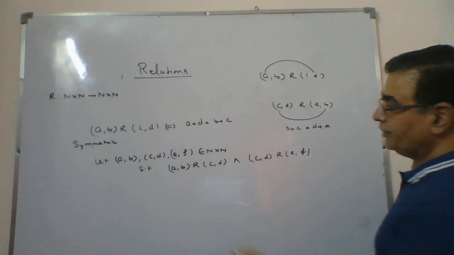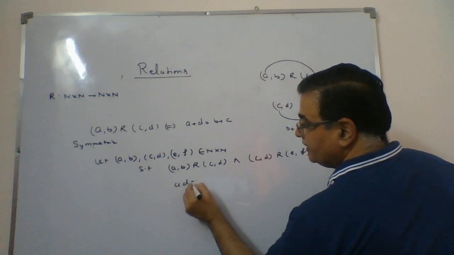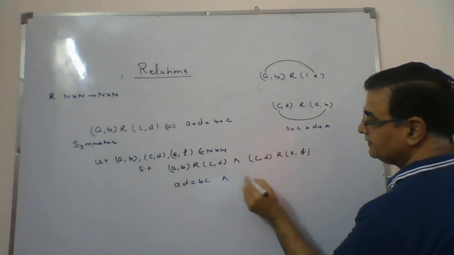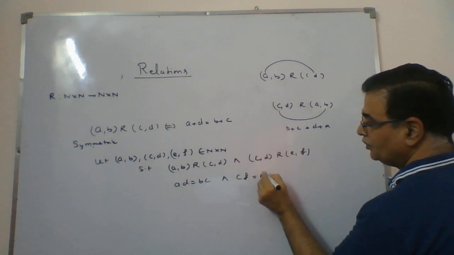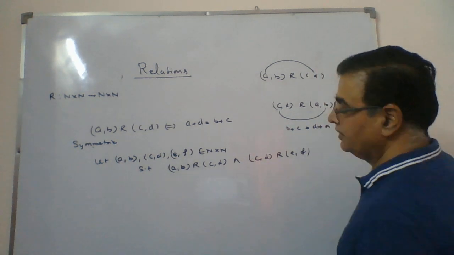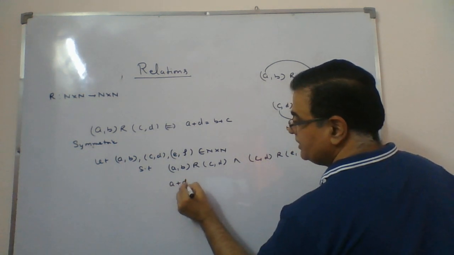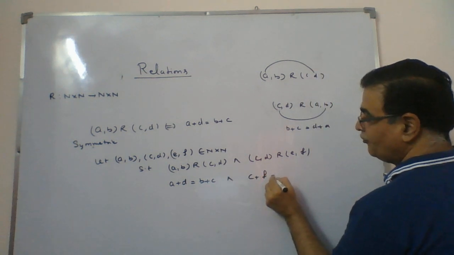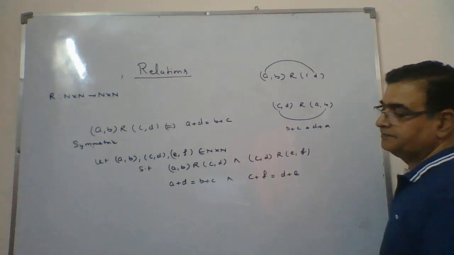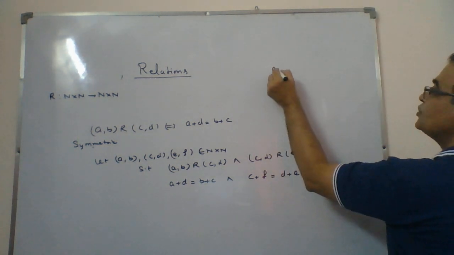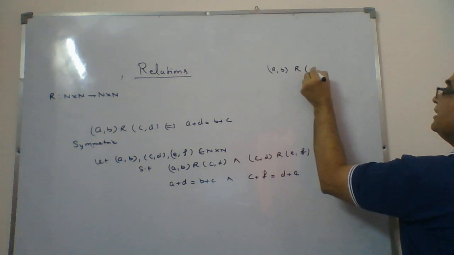When you do this, A plus D is equal to B plus C. At the same time, C plus F is equal to D plus E. And what you want in the answer is (A, B) should relate with (E, F).